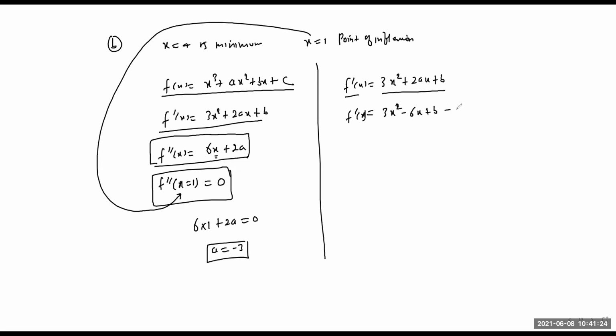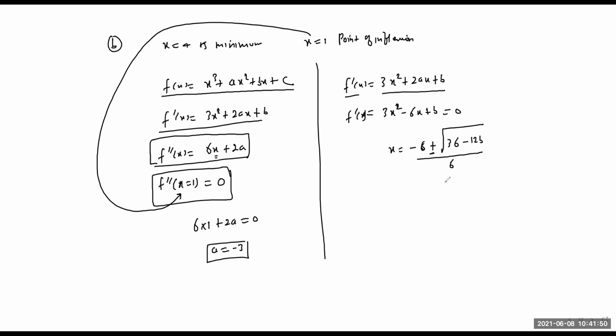And let's put this to 0. If I put this to 0, what will I get for the x value? x = (-b ± √(b² - 4ac)) / 2a.